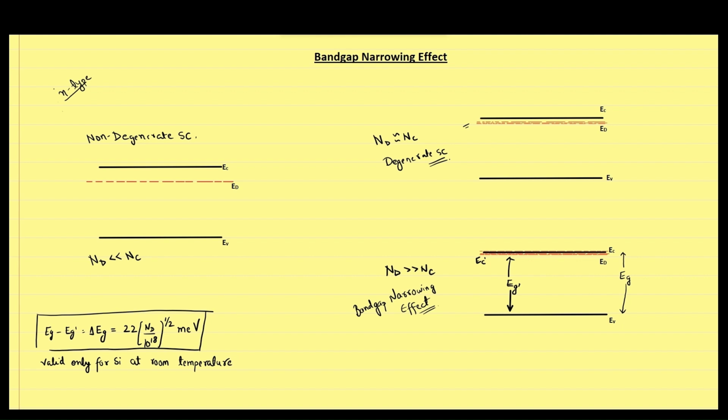You can do a similar analysis for a p-type semiconductor, where the degenerated acceptor energy level into a band will meet not the bottom of the conduction band but the top of the valence band. And for silicon, the formula will remain the same except Nd will be replaced by Na.